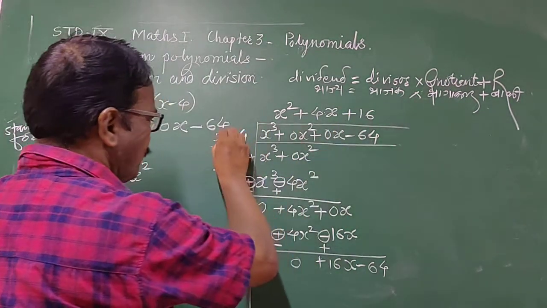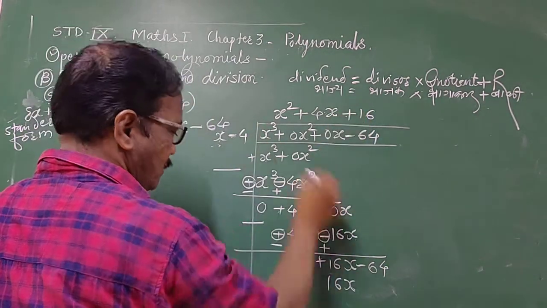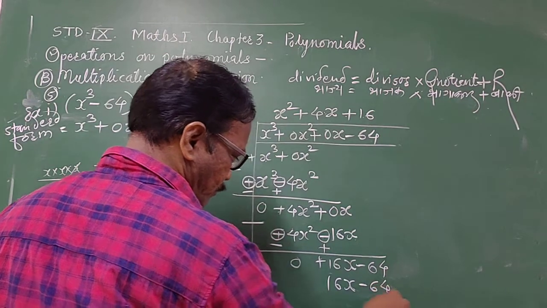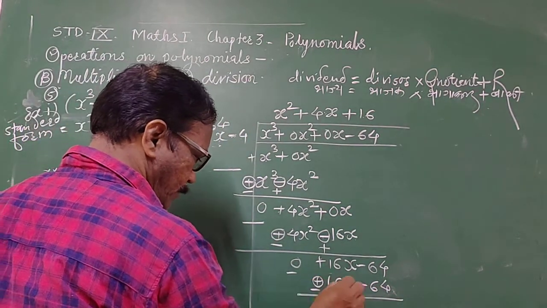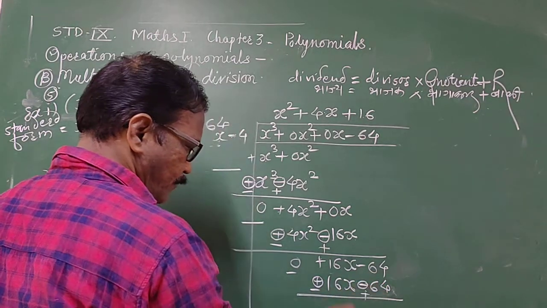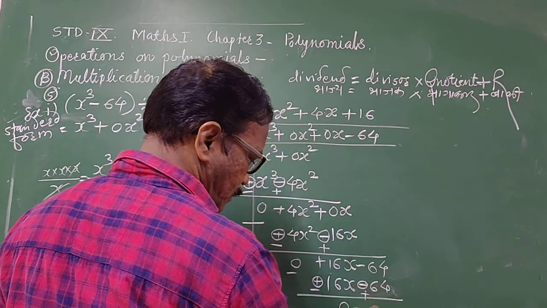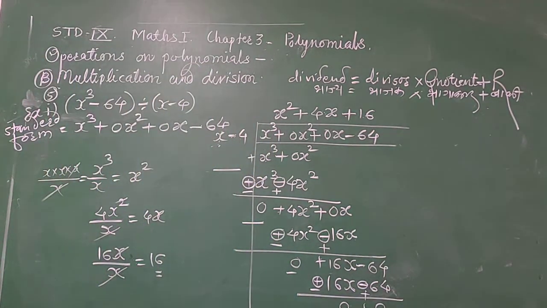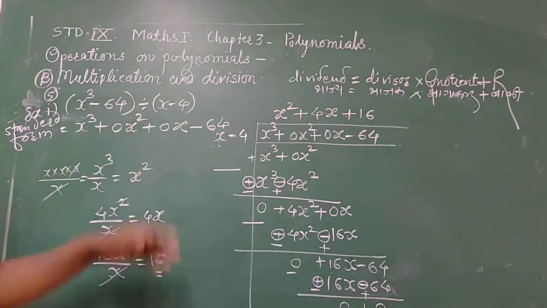So 16 multiplied by x, we get 16x, plus minus minus, and the product of these two is also 64. And then subtract, minus plus, we get 0. In this way, we divide given polynomials.